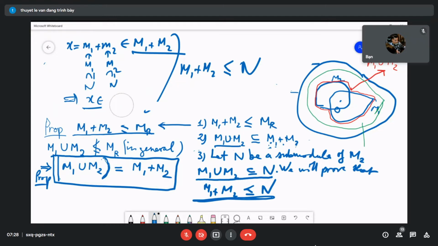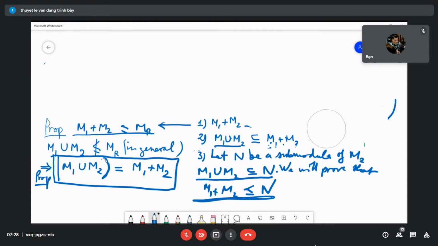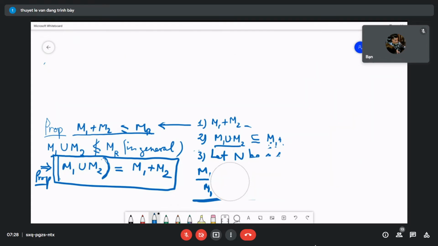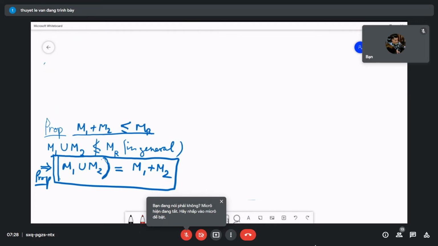I have the definition of M1 plus M2, and I already proved that M1 plus M2 is a submodule of M_R, and then we prove that M1 union with M2 generates M1 plus M2. Okay.